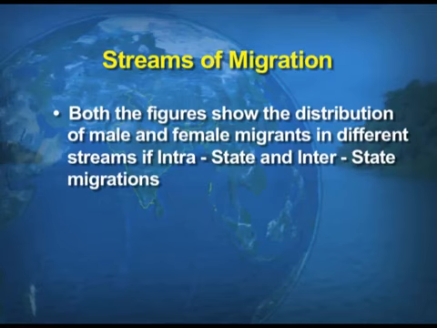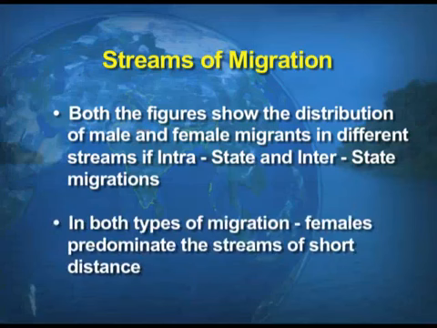Now, both the figures as you have seen in the visuals show the distribution of male and female migrants in the different streams of intrastate and interstate migration. And children, I have made it clear to you what is intrastate, that is within the state, and interstate is from one state to another state.